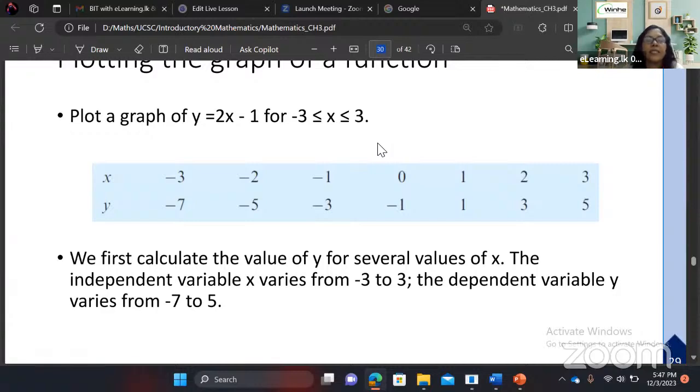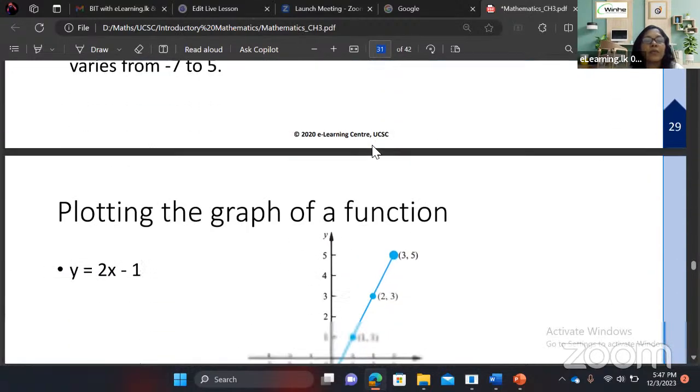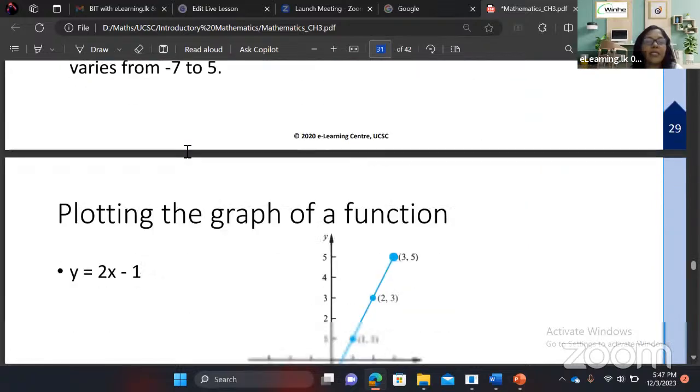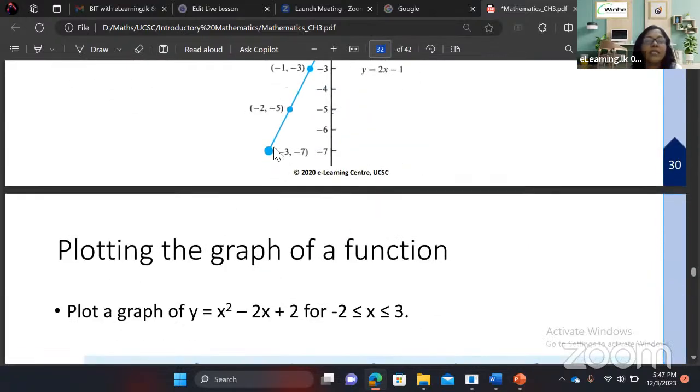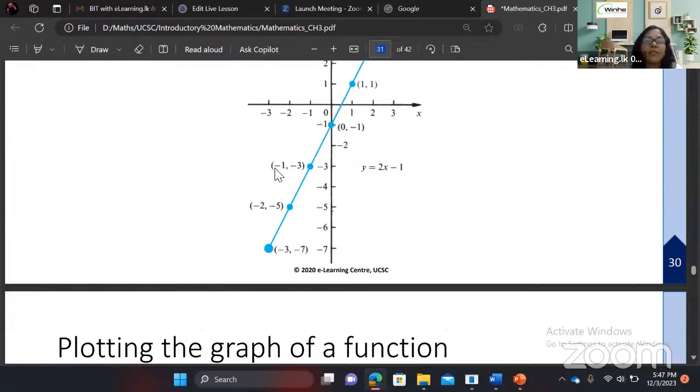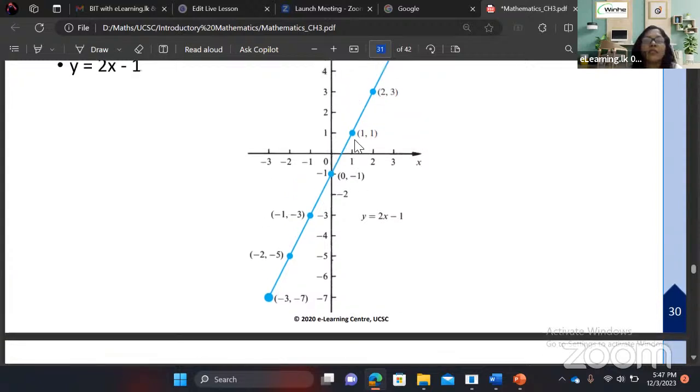Here you can see. You can mark each point: when x is minus 3, y is minus 7, x is minus 2, y is minus 5, x is minus 1, y is minus 3, x is 0, y is minus 1, and when x is 1, y is 1, when x is 2, y is 3.